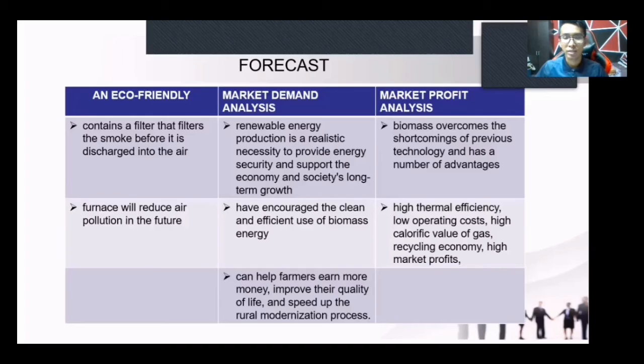It also encourages the clean and efficient use of biomass energy, and can help farmers earn more money, improve their quality of life, and speed up the rural modernization process. And the last one is market profit analysis. Biomass overcomes the shortcomings of previous technology and has a number of advantages: high thermal efficiency, low operation cost, high calorific value of gas, high recycling economy, and market profit.